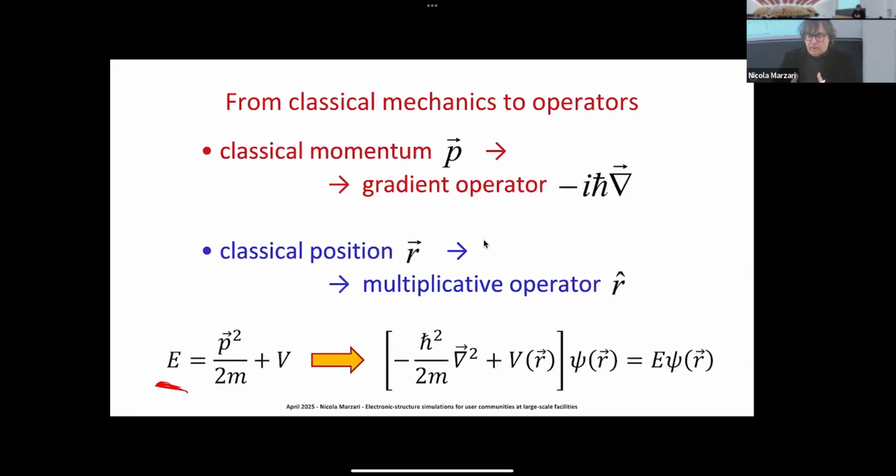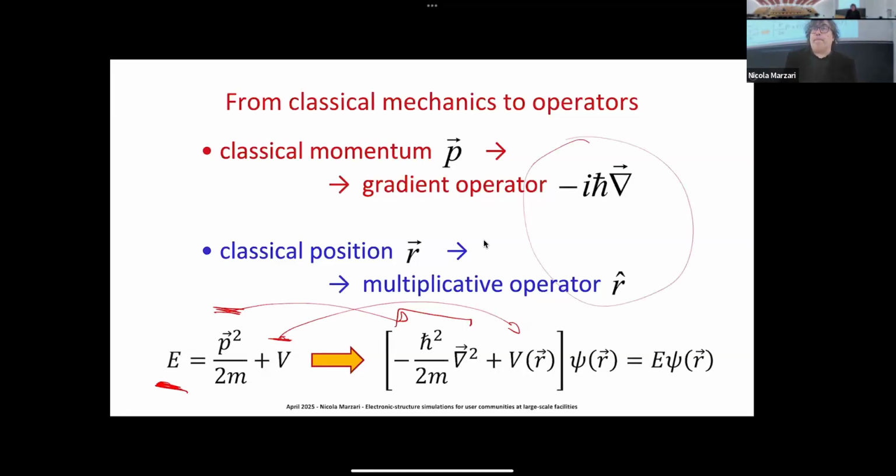And so this is exactly the correspondence from classical to quantum. What was a classical observable, the kinetic energy, becomes a quantum mechanical kinetic energy operator. What was a classical observable, here the potential energy, becomes a multiplicative operator. So if someone had told you this, you could have invented quantum mechanics. Okay?